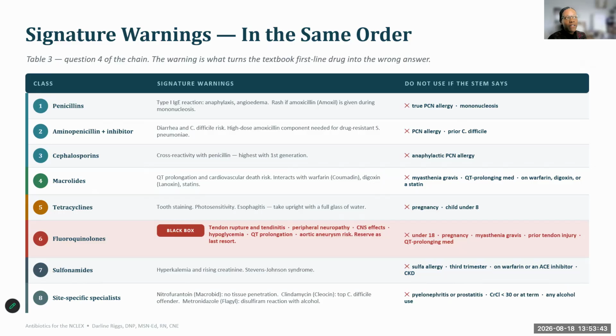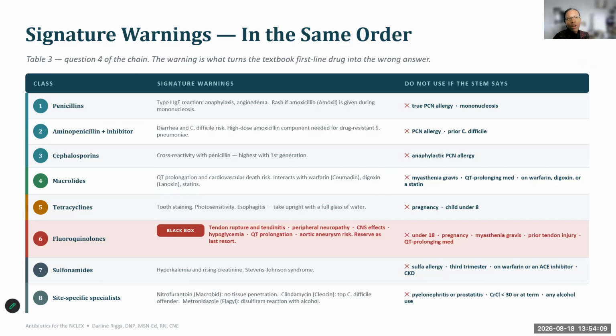Number 7, sulfonamides. Sulfonamides, I want to pull the electrolytes. I want to see what the potassium especially is doing. I want to pull the creatinine level, right? Because the client is at risk of hyperkalemia and a rise in their creatinine, okay? And Stevens-Johnson syndrome.